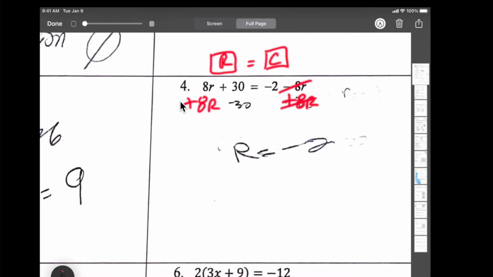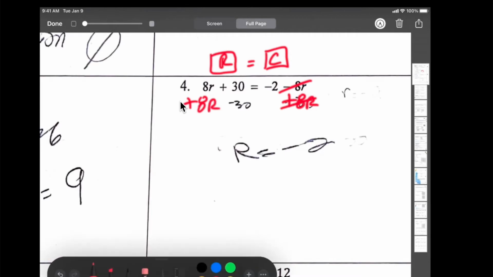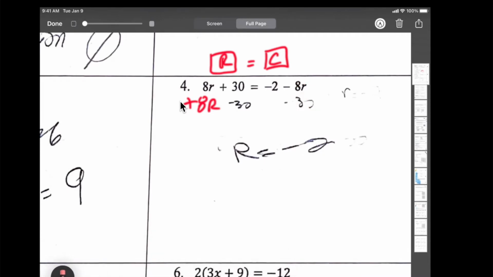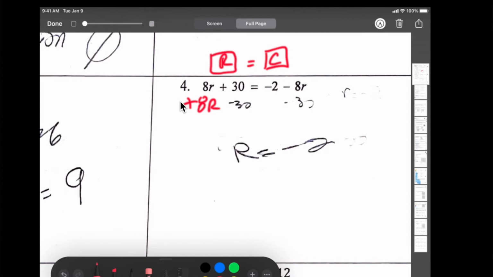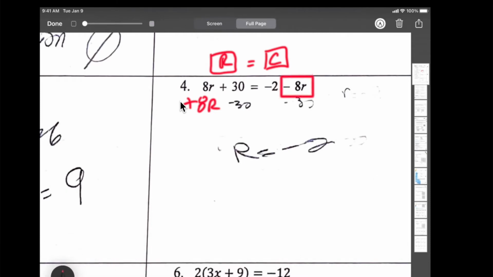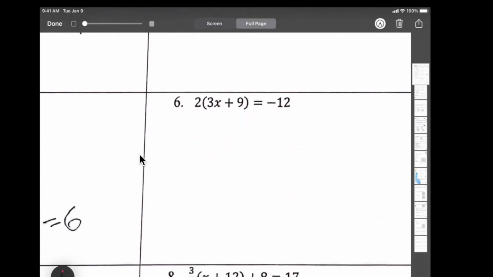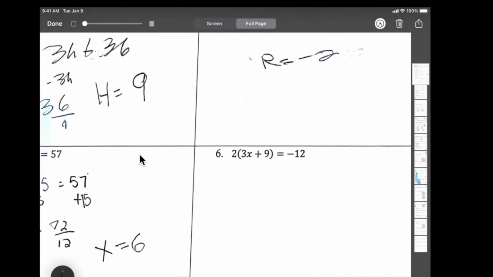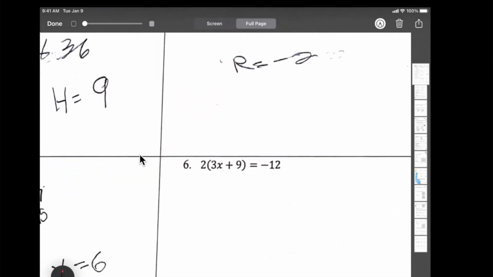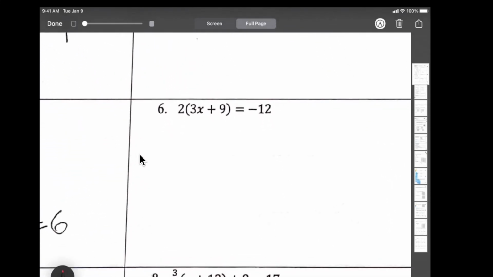Well, folks, that's no different than taking this negative 8r, moving it to the other side of the equal sign, and flipping the sign. So those two maneuvers are one and the same. I'll leave it up to you what you find easier to do. I know sometimes change is hard, but oftentimes it'll result in a better technique.